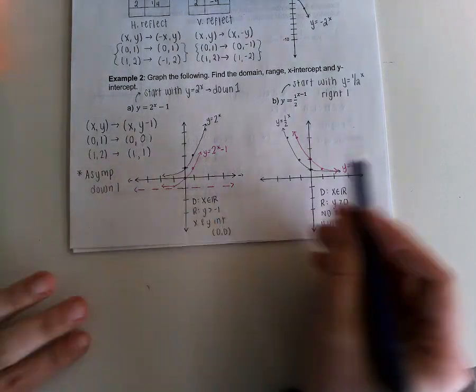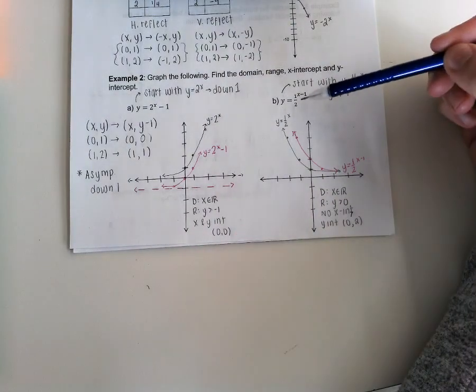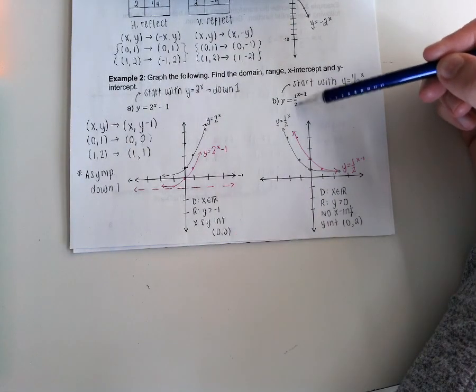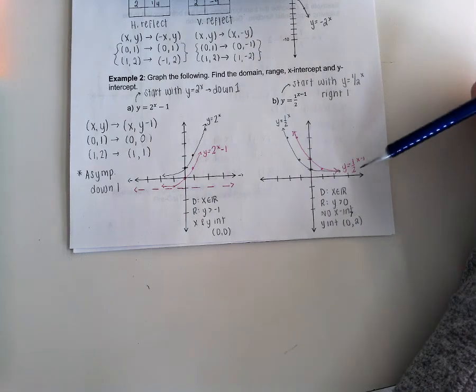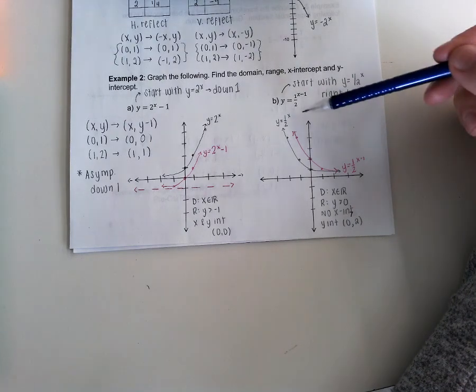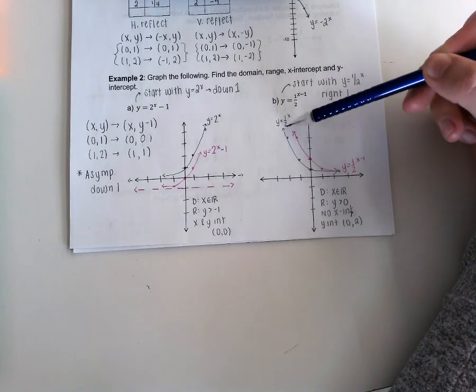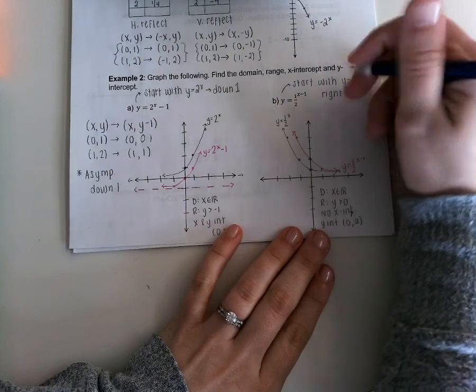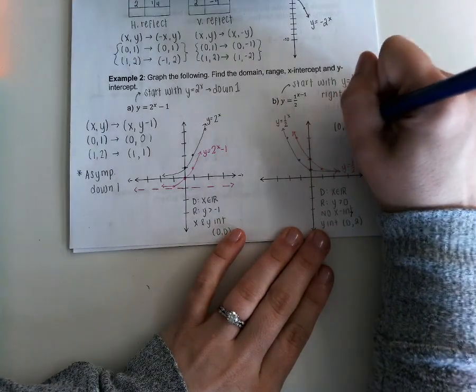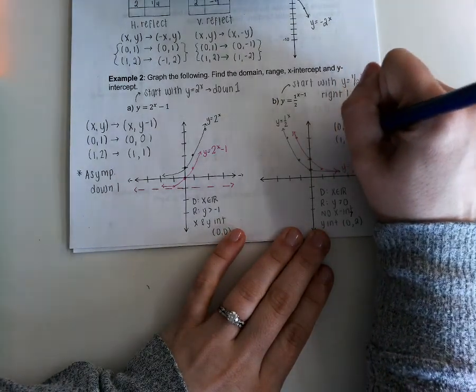If we go over to the next example, you'll notice that the base here is 1/2. So the graph that I've started with is the graph of 1/2 to the power of x. Sorry, that's the one in pencil. Here, the graph of 1/2 to the power of x has the points 0, 1 and 1, 1/2.